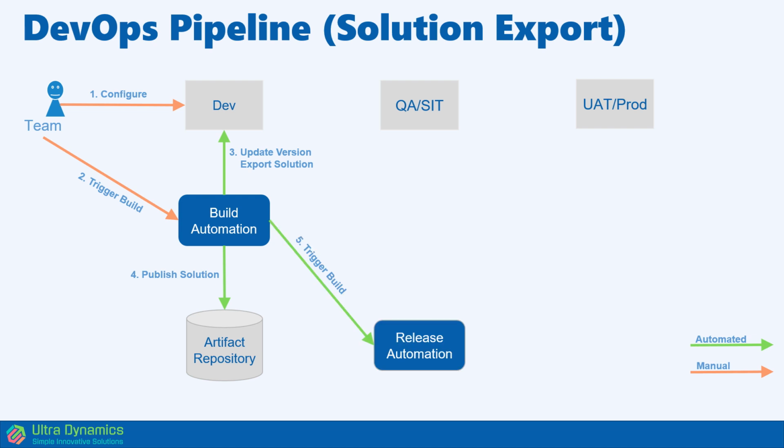If the build is successful, it can optionally trigger a release. The release will consume the solution zip produced by the build, and we will import the solution into the test environment. At this point, some form of manual or automated testing will be conducted.